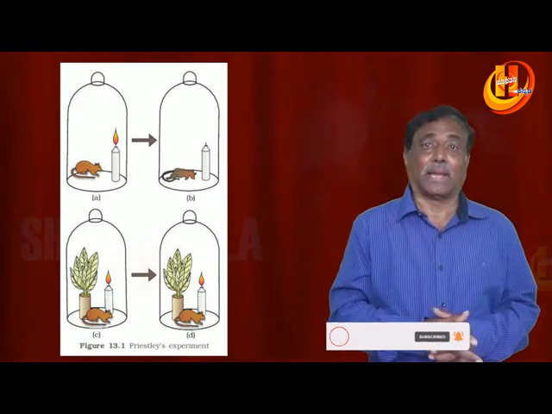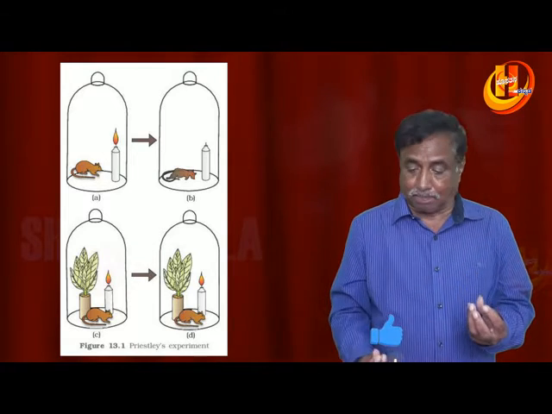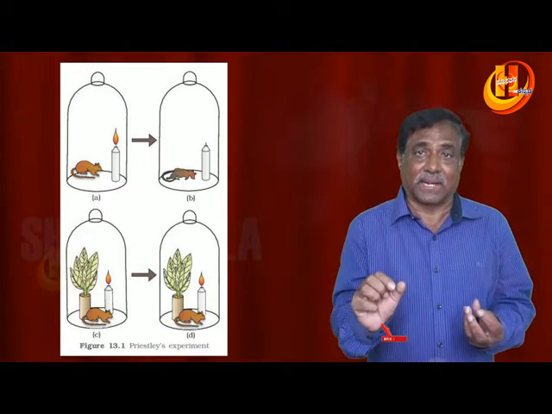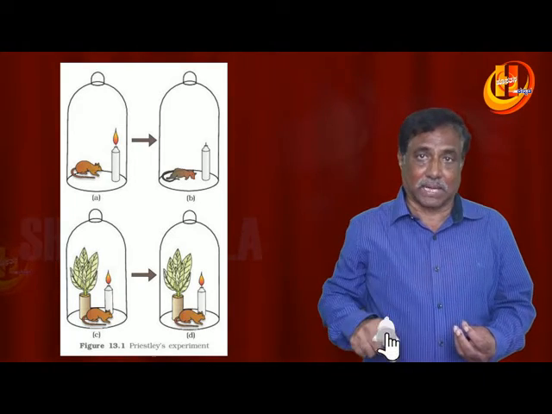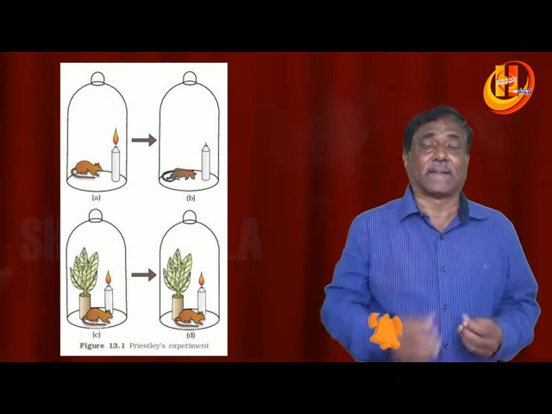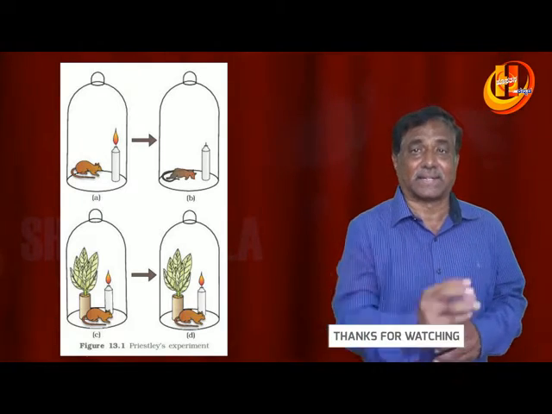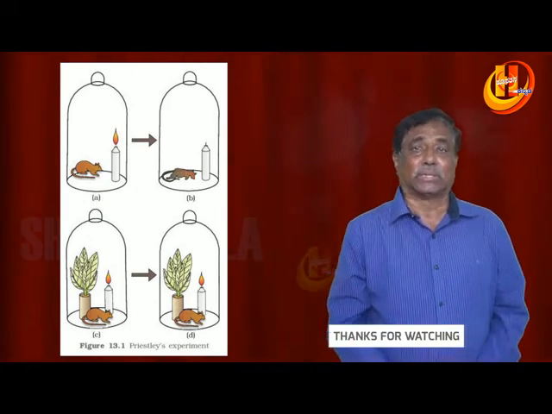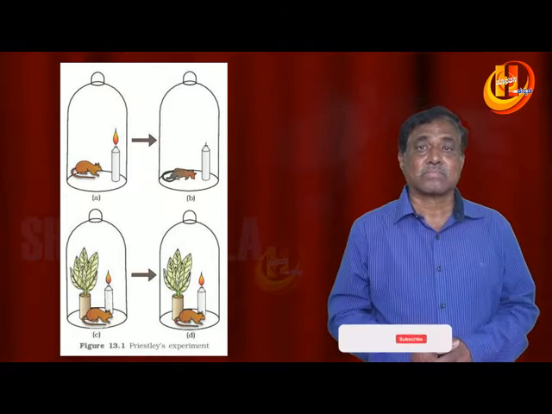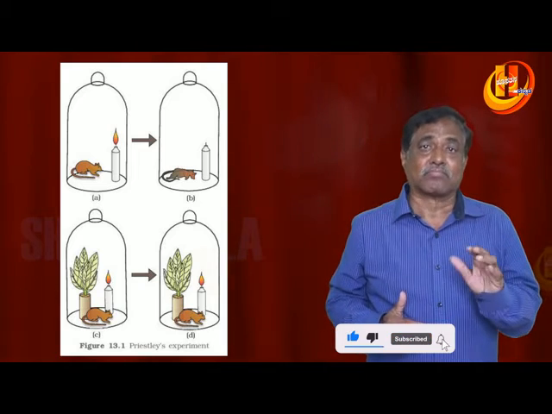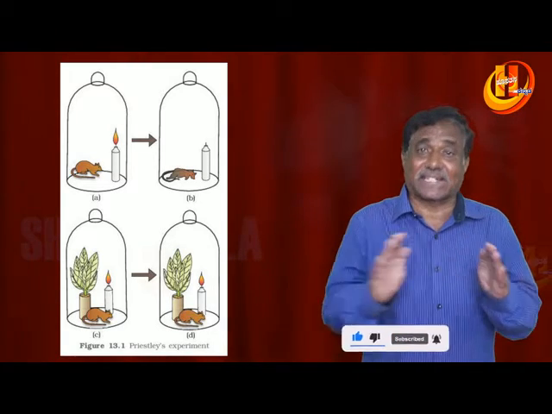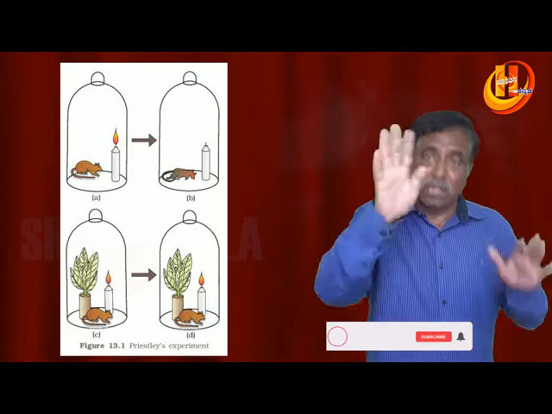He took a potted plant, placed a burning candle near it, enclosed a bell jar over it and inserted a rat. Where the potted plant is kept, the rat stayed alive and the candle burned.